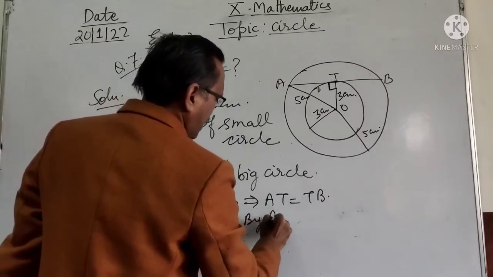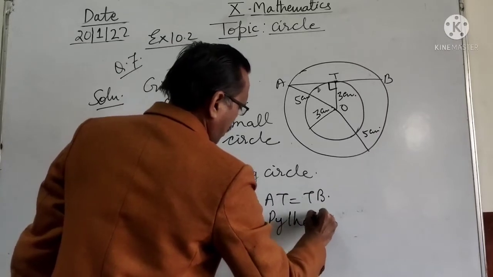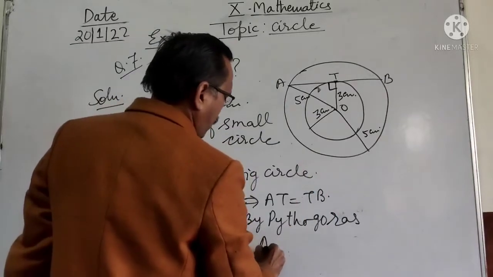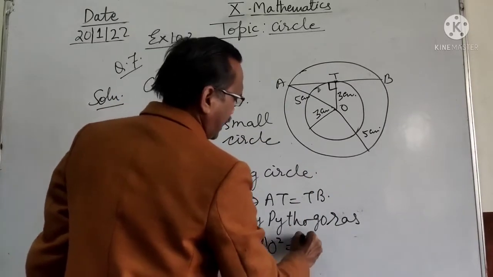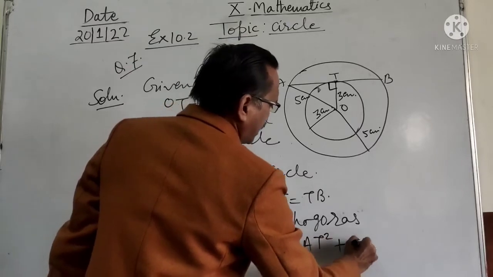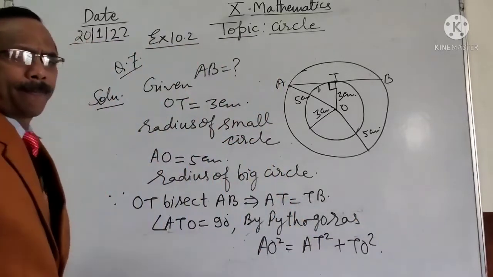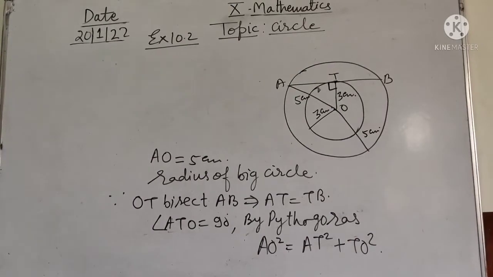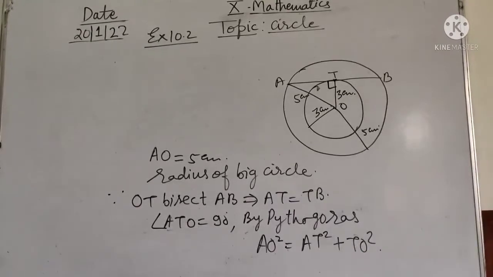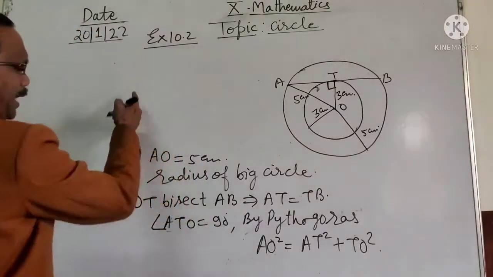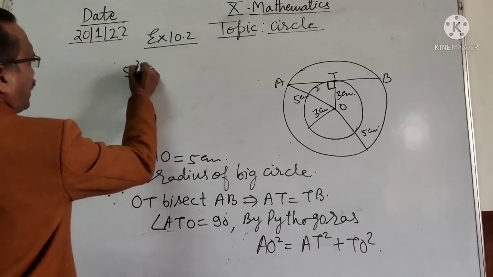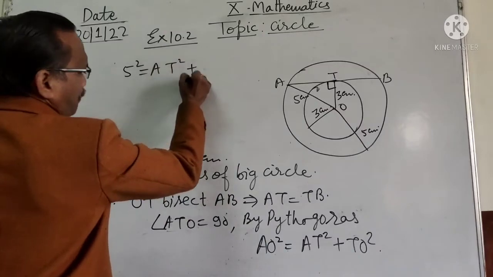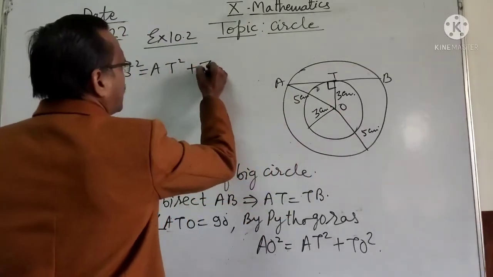Therefore, by Pythagoras, AO square equals AT square plus TO square. Now, AO square is 5 square, equal to AT square, which we will find, plus TO square, which is 3 square.